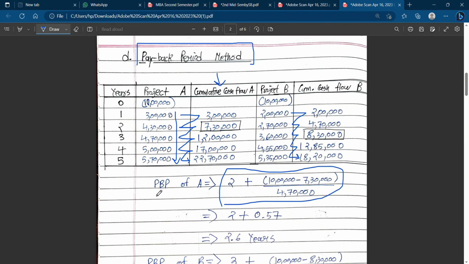So we are calculating the payback period firstly for project A. Payback means in how much time we receive back our initial investment. Our initial investment was 10 lakh. We receive almost that amount in 2 years, and some of the amount we will receive in the third year.